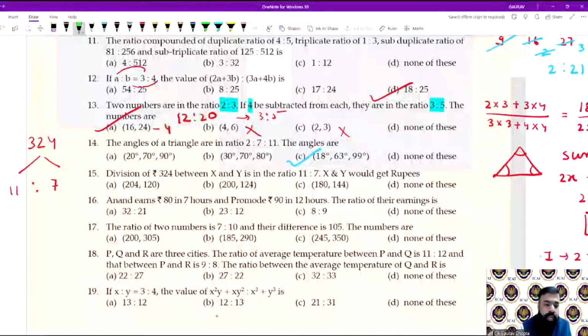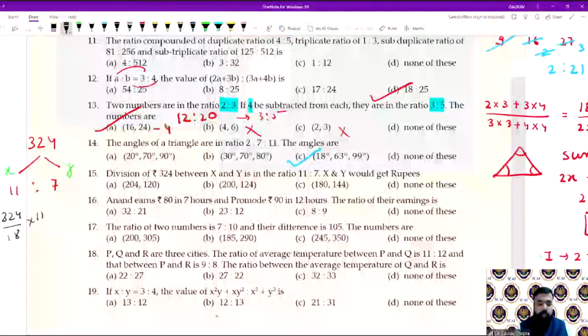The first person x will get more as compared to y, because the ratio of x is higher. So how much will be there? 324 upon the total is 18, multiplied by 11. So how much is coming? 18 into 11. And then 18 into 7. So simply compute the ratio and get the result.